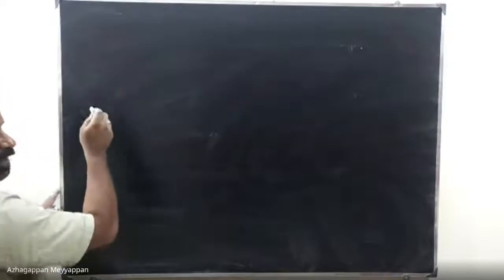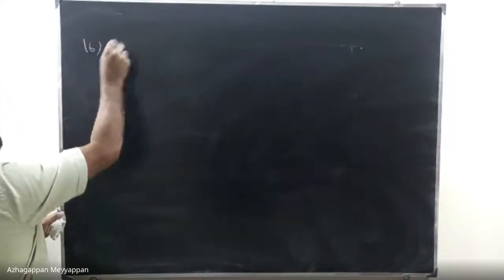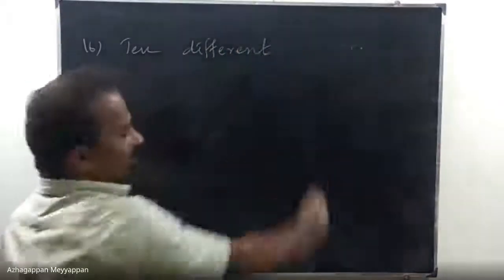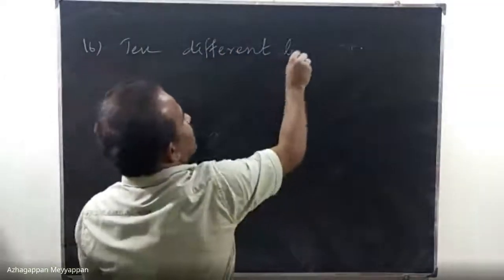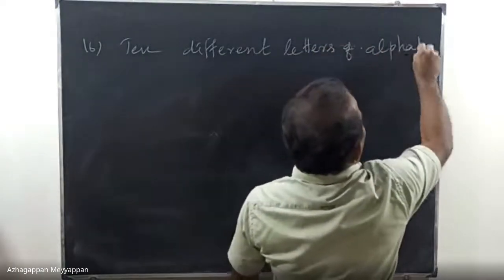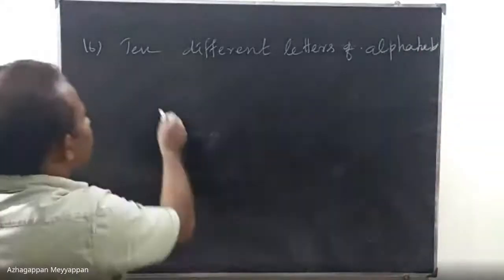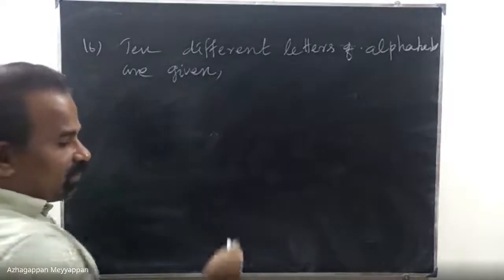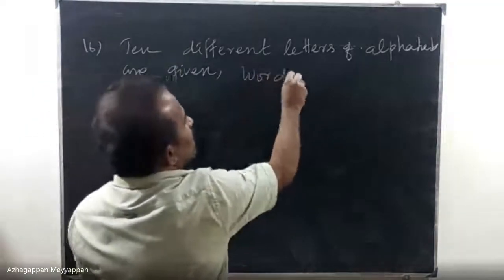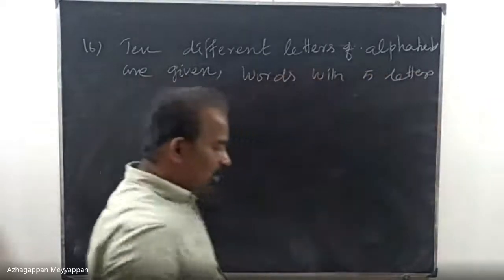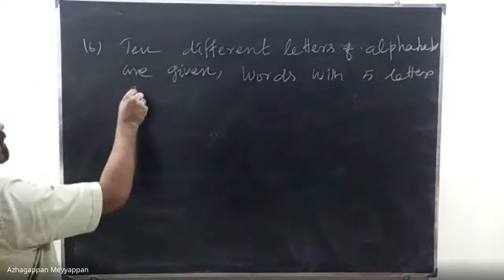Next question is, 10 different letters of the alphabet are given. Words with 5 letters are formed from these given letters.